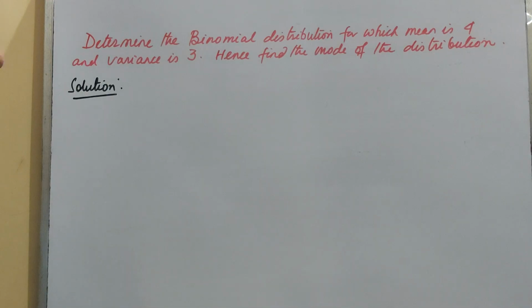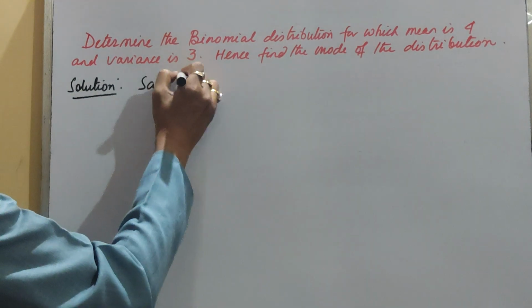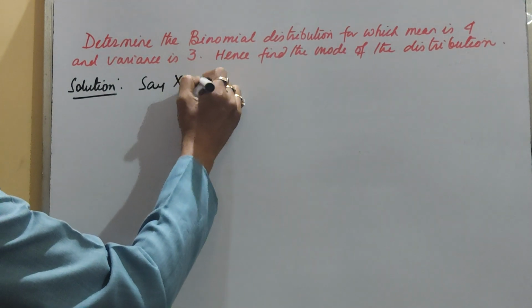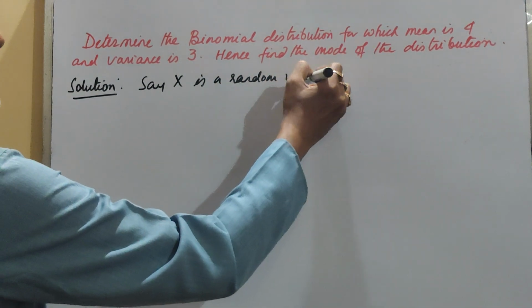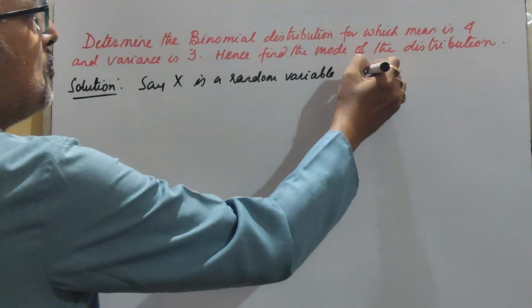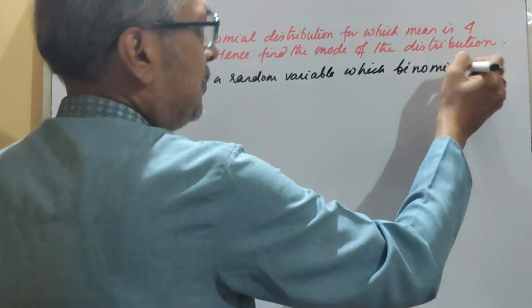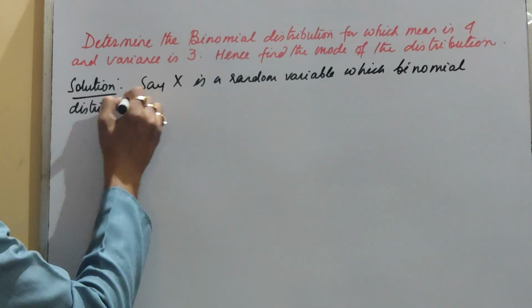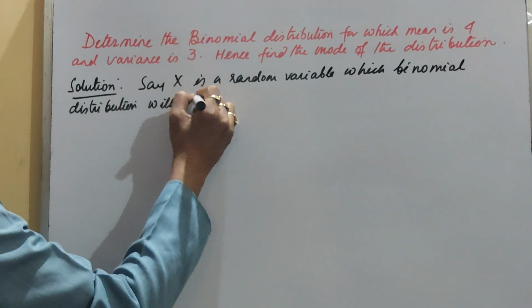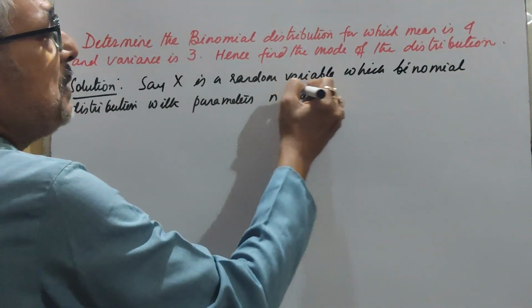Suppose x is a random variable which follows binomial distribution with parameters n and p.